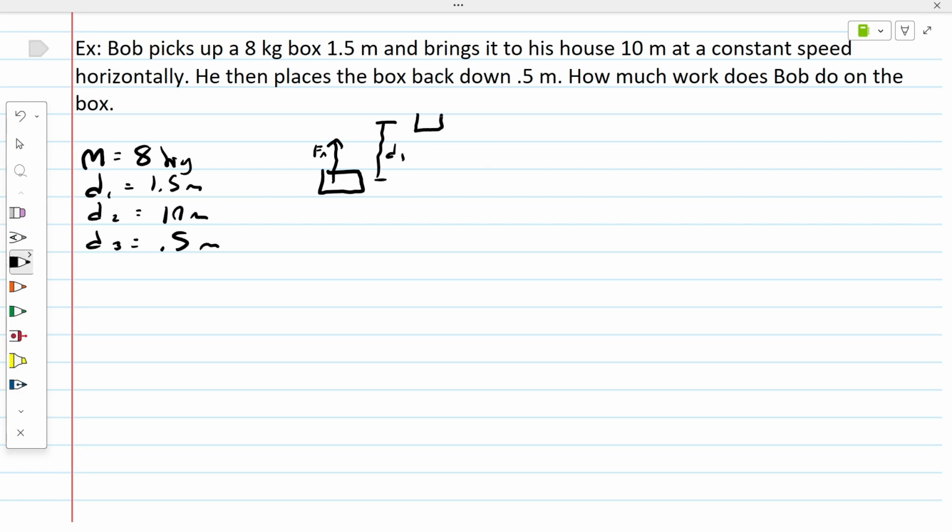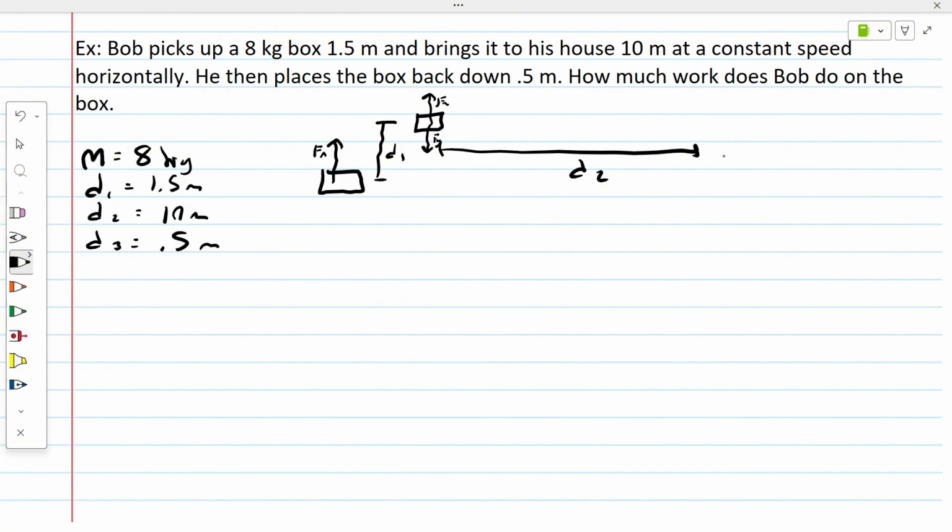Now the box is up here, and Bob is walking with this box in this direction, a distance of d2. But the force that he's applying is still just holding the box upwards, that normal force. There's no force actually pushing this box this way. So the force is only up and down, as the box is moving at a constant speed, with the force of gravity and the applied or normal force that's holding this box up.